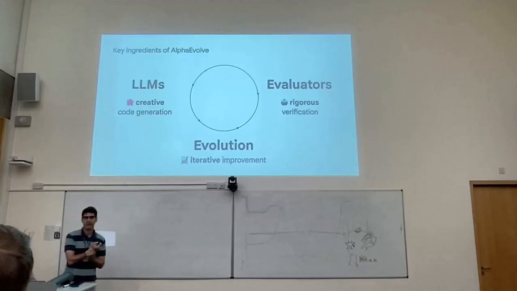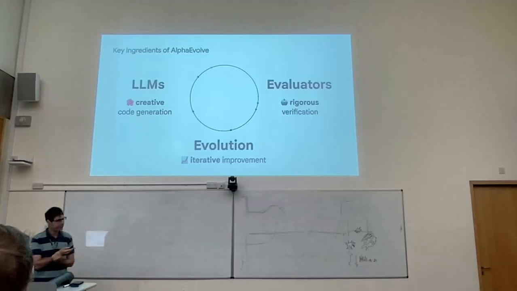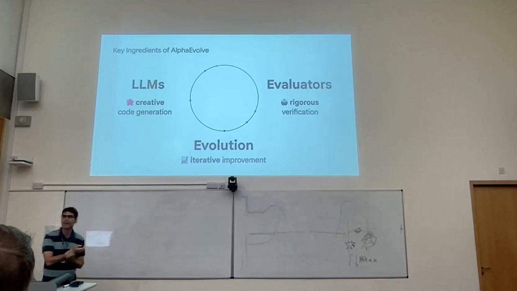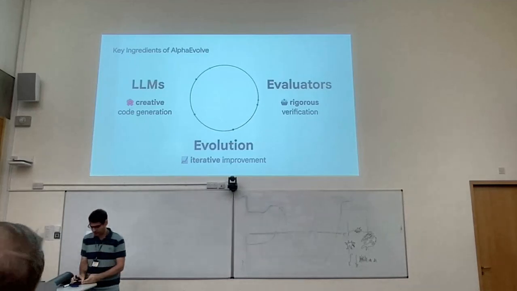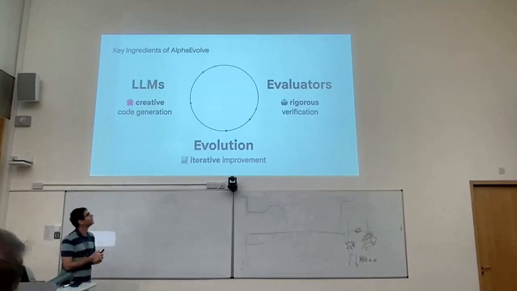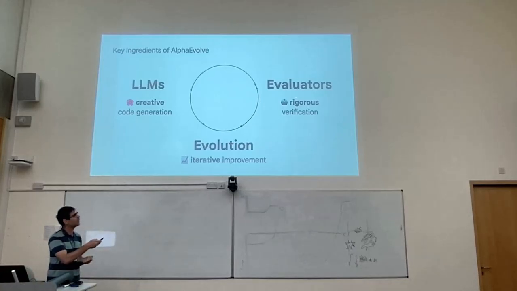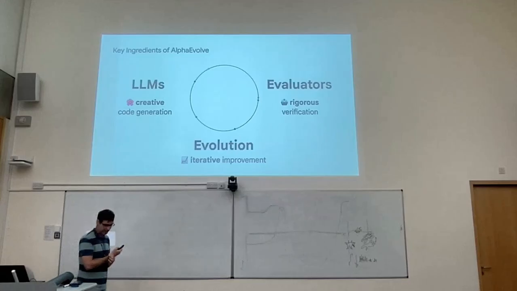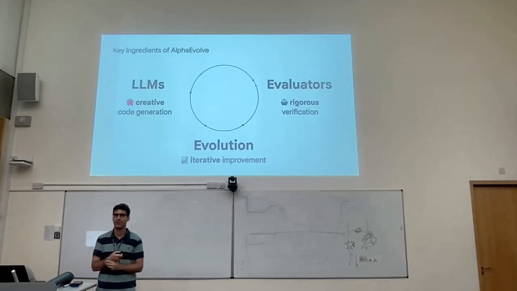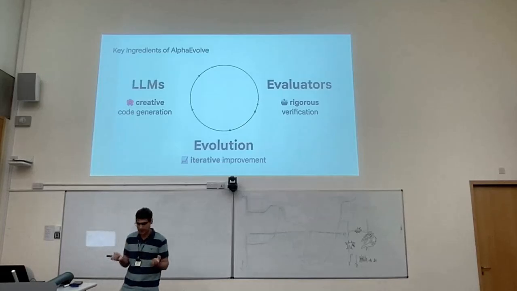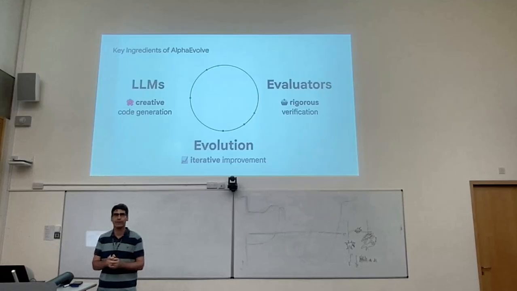There are 3 components of AlphaEvolve, and of course the LLM is a single part. It is the part that is doing the iteration, and there are also evaluators. And here's the thing: we know that when we operate with LLMs, they tend to hallucinate and sometimes produce garbage, essentially things that are not correct, or code that doesn't run, or even if it runs, it's not correct.